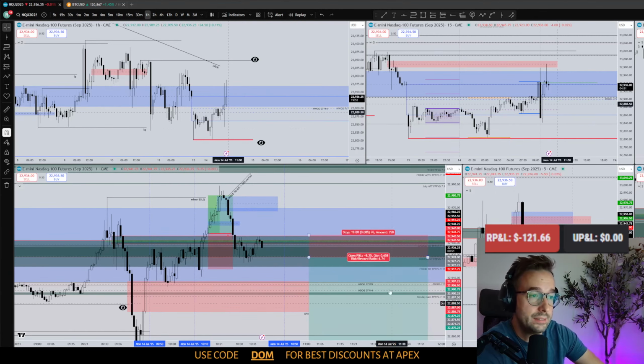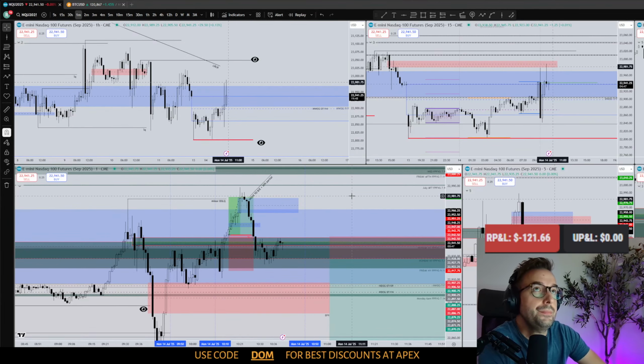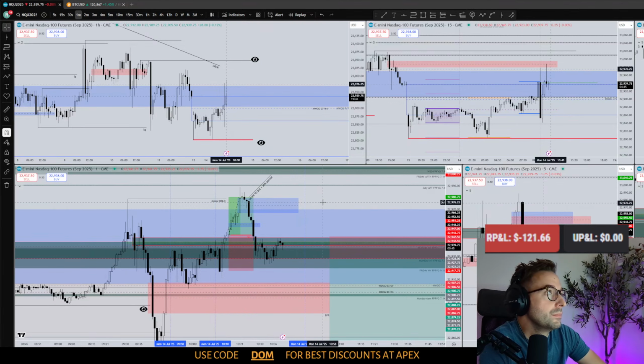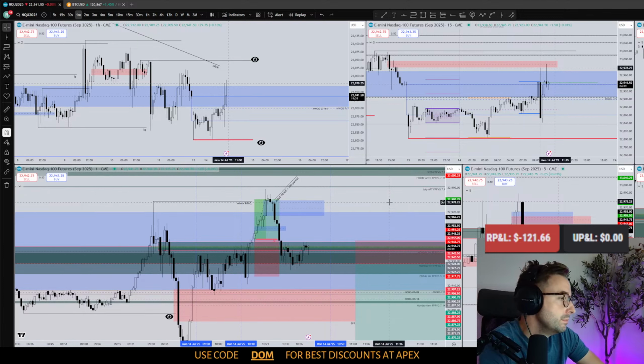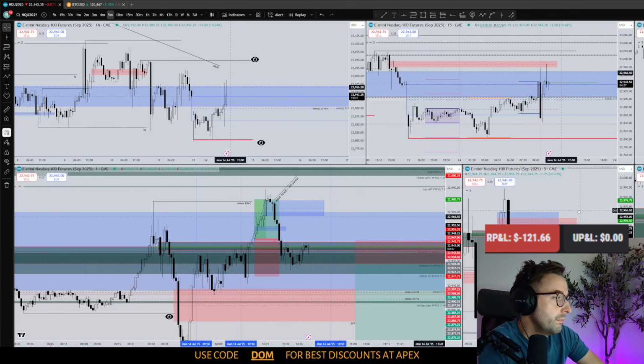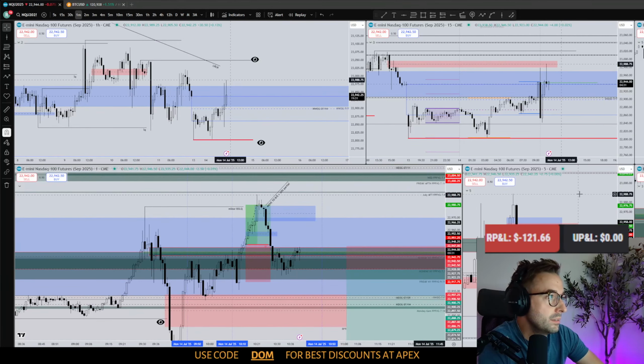So price is diddle-dallying right now in this level. This 5 minute, ugly. 1 minute, really ugly. Everything here is ugly, guys.